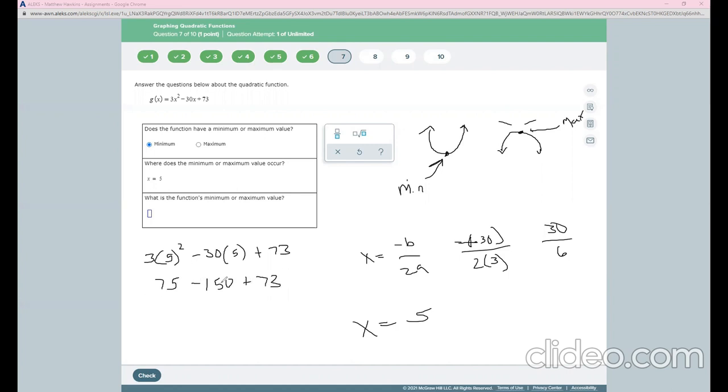So 75 minus 150 gives me negative 75, plus 73 gives me negative, because this one's bigger, -2. So the y coordinate of the vertex is -2, and that is the minimum value. Since I have a minimum, -2 is the minimum value.